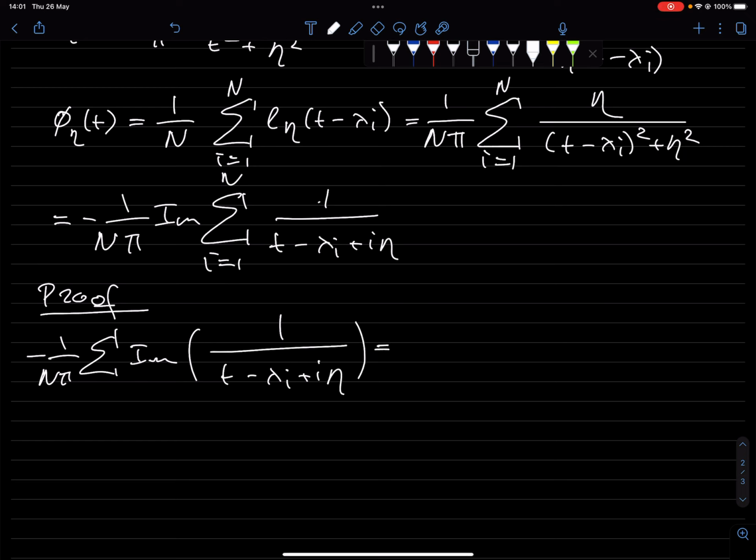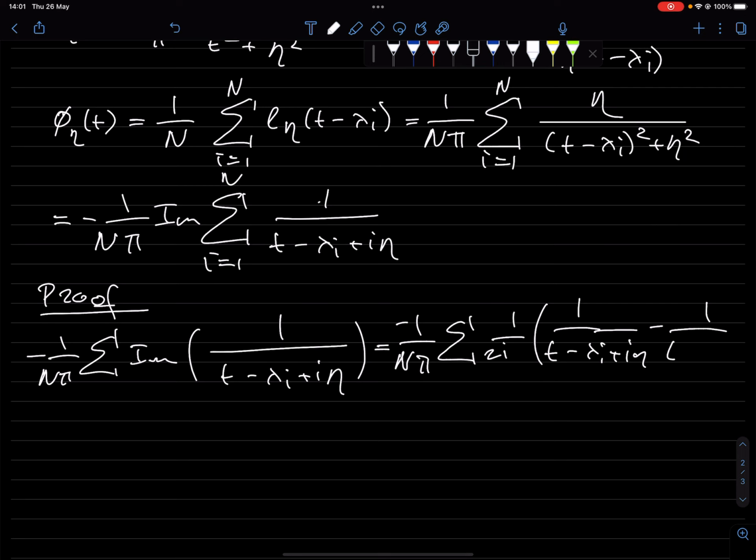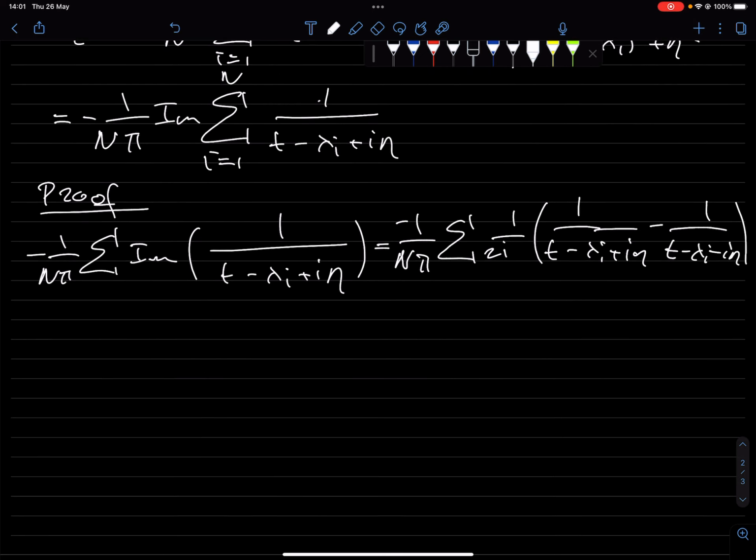And this will give us minus 1 over n pi, sum, and this is going to be 1 over 2i, this thing minus its complex conjugate, and the complex conjugate is just minus i eta instead of plus i eta.